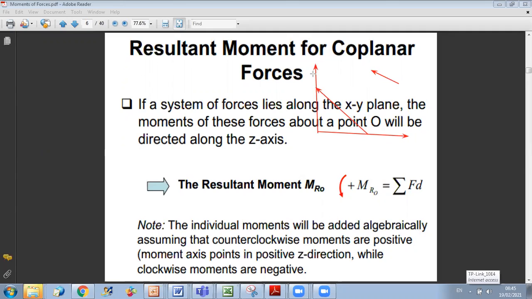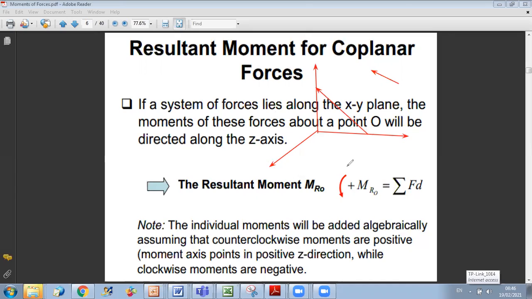So this force can only produce a moment about what? About the z axis, which is perpendicular to the plane x and y. And in this case, if we want to find the resultant moment, what we should do is sum all the moments of forces about the axis. And since it is a 2D problem, we can choose a positive direction.